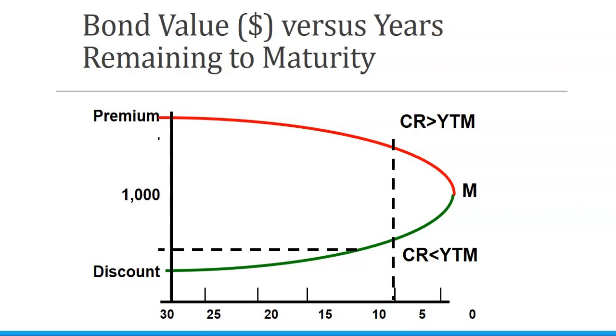So if we're looking 30 years out, there is a much higher interest rate risk than if we're currently at the 0-year mark.